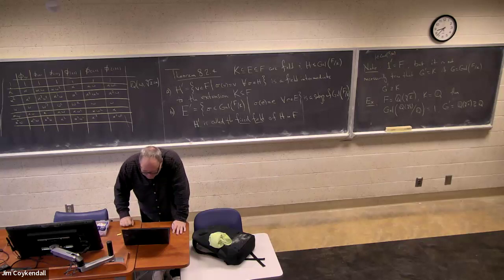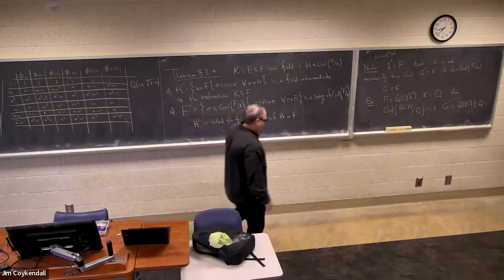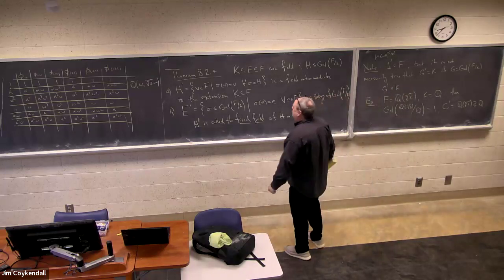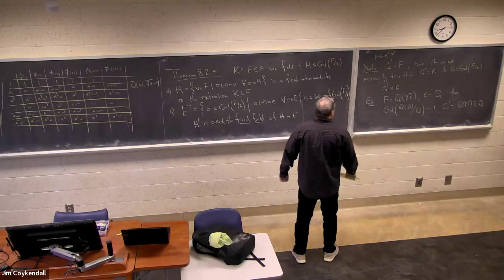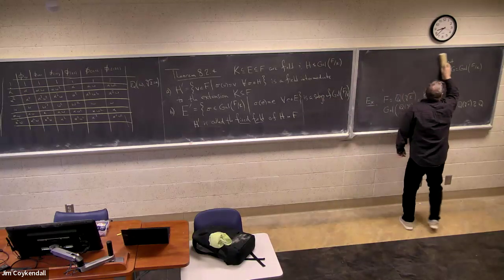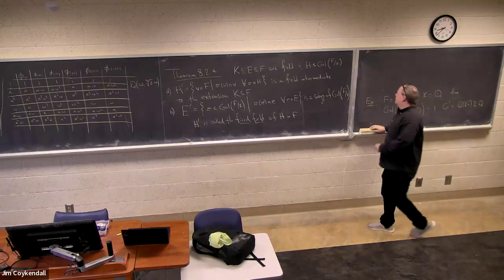Okay, any questions so far? The first time I ever saw this, it seemed like kind of a funny definition to me. But I'm going to put it up here. Definition.